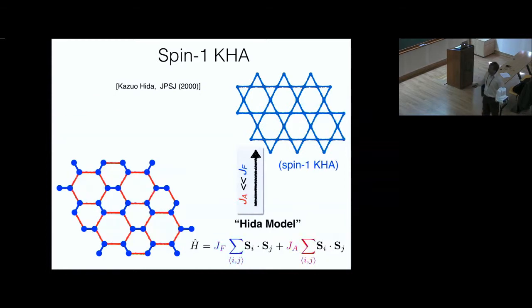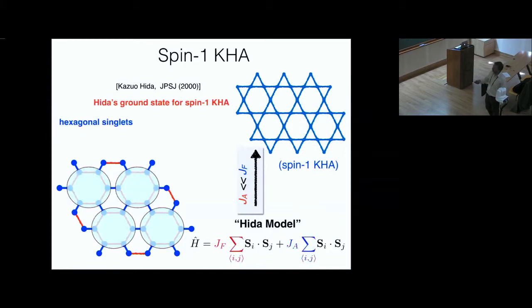And so what he says is, okay, you have these antiferromagnetic hexagons. At the simplest level, you locally satisfy the antiferromagnetic exchange on each hexagon by forming a singlet. So these are hexagonal singlets, the product of hexagonal singlets.